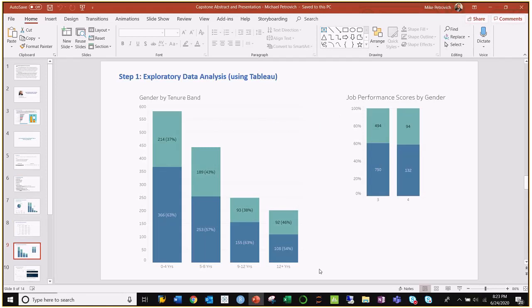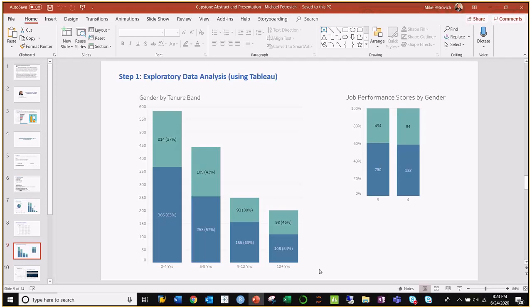We're going to look at gender by tenure band. So no insight is still an insight. Really what this tells me is that we're not losing any specific gender based on tenure. The inverse of tenure really is just turnover.